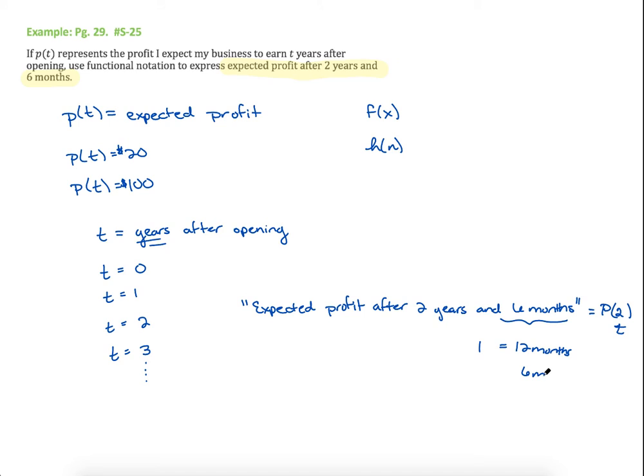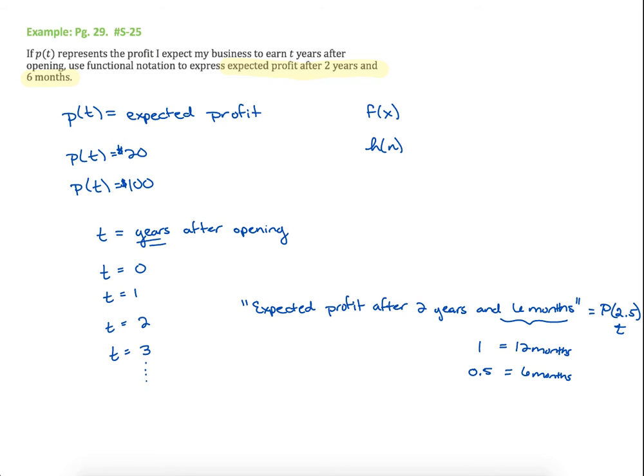But 6 months, that's not quite a year yet. In fact, it's half a year. So in terms of t, that would be a half. So if I want to express 2 years and 6 months, this must be the notation P of 2.5. And that's it. P of 2.5 represents the expected profit after 2 years and 6 months.